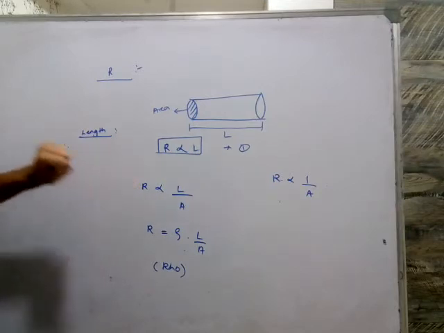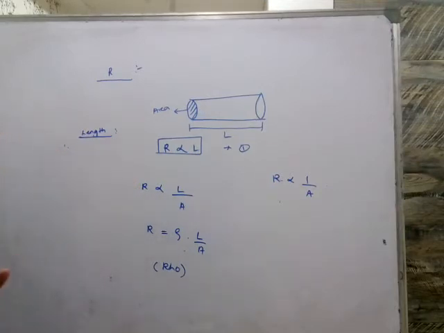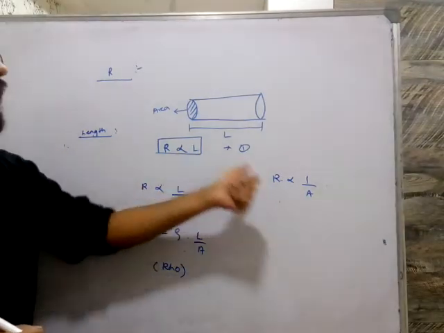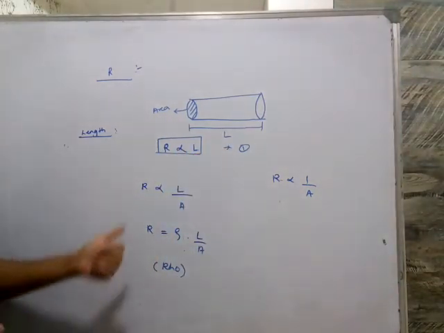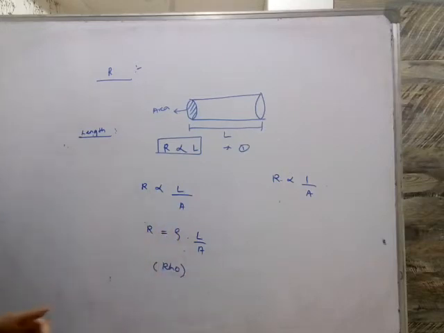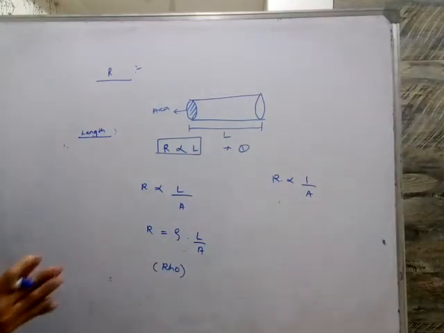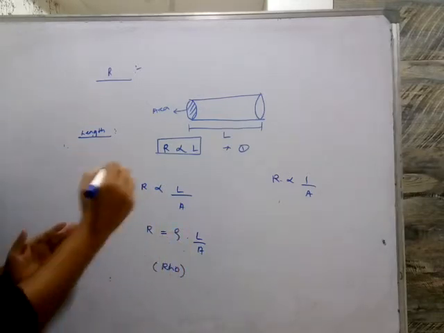So now resistance depends upon three factors. Earlier I said it depends upon two factors, length and area. But now we can see that it depends upon L, A and rho. Suppose I take two wires with the same length and the same area.